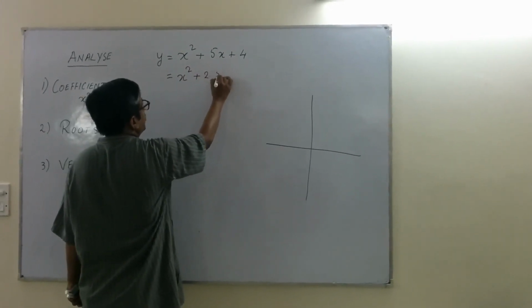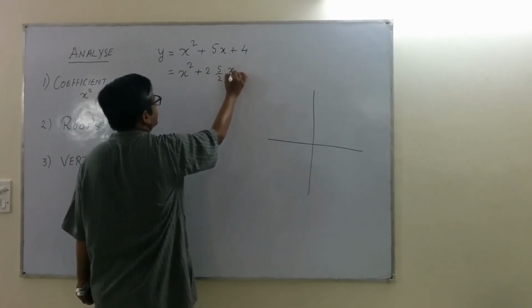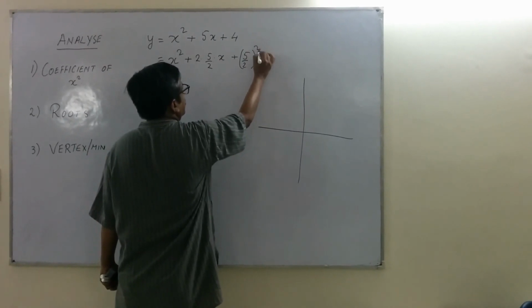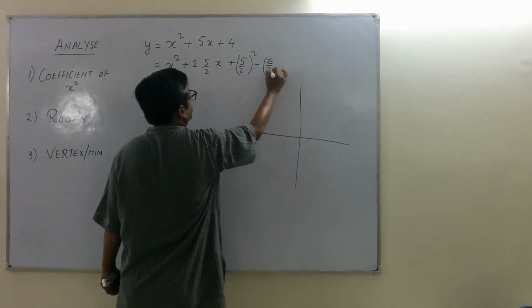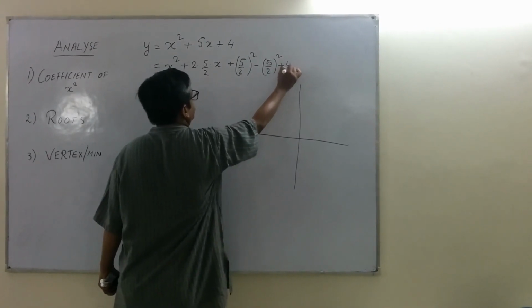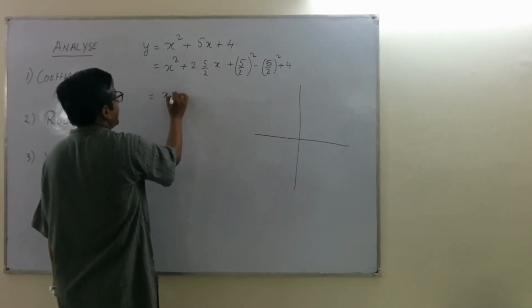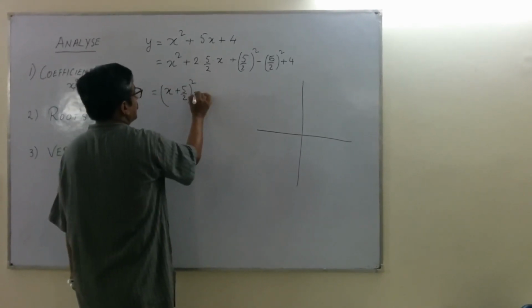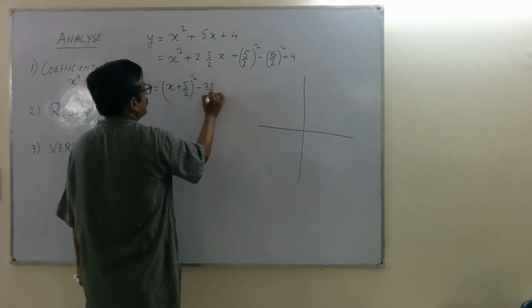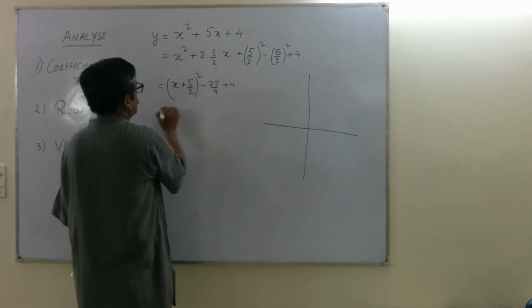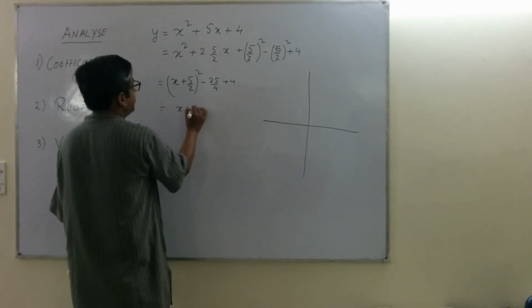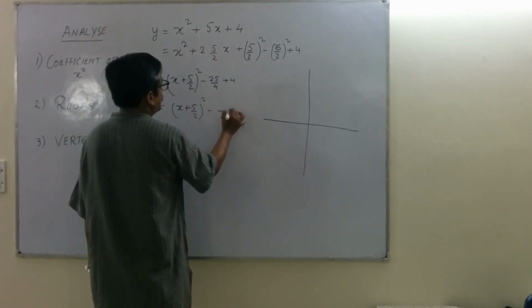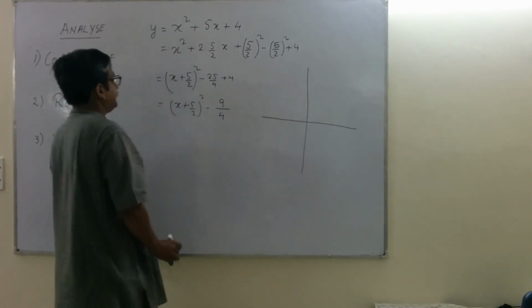So we do 2 into 5 by 2 into x plus 5 by 2 whole square minus 5 by 2 whole square plus 4, which is x plus 5 by 2 whole square minus 25 by 4 plus 4, which is x plus 5 by 2 whole square minus 25 minus 16, that is 9.